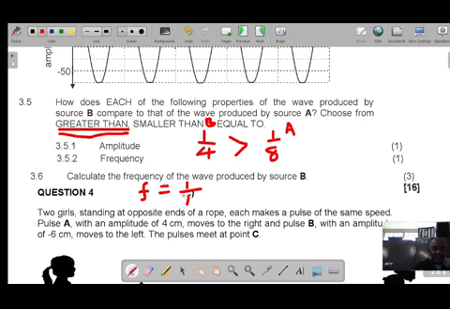Our t is 4 seconds, so it's going to be 1 over 4, which gives us 0.25 hertz. So that's our frequency for wave B.